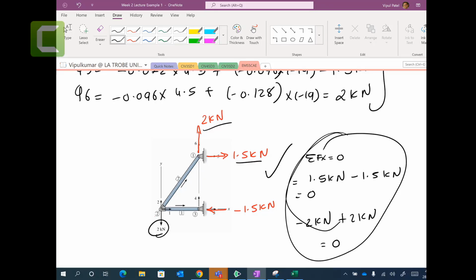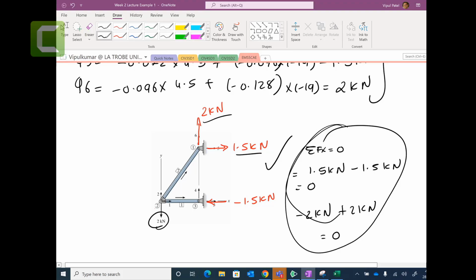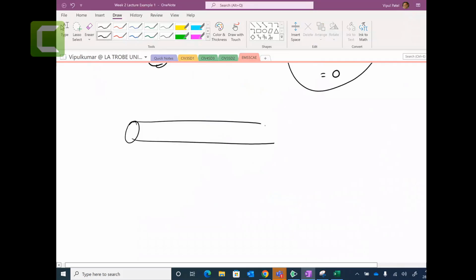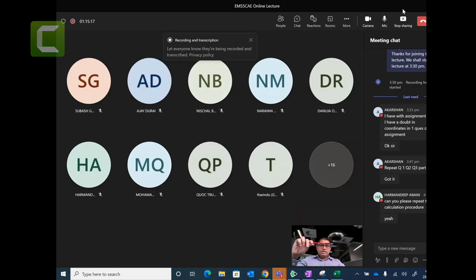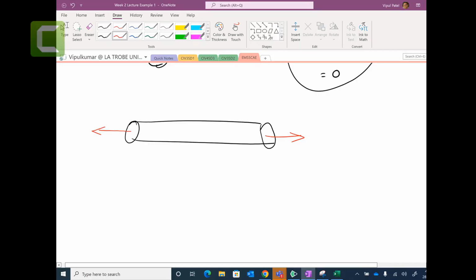So we calculate the displacements, we calculate the reaction forces. When I pull these pencils with two hands, let me put the red arrow here. What kind of force is this?